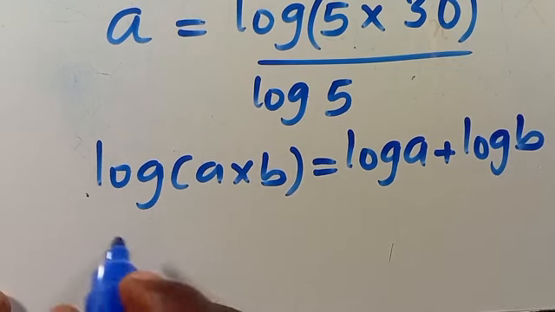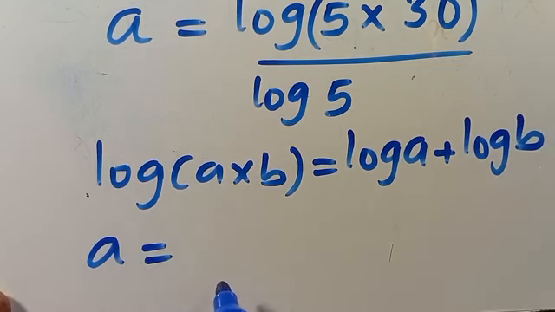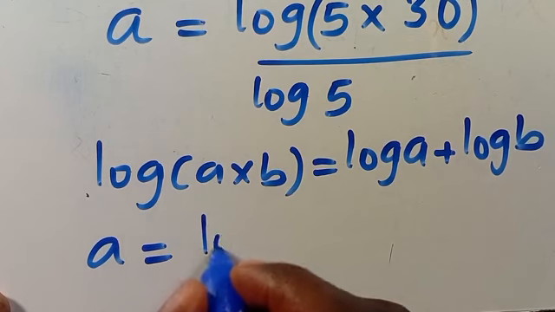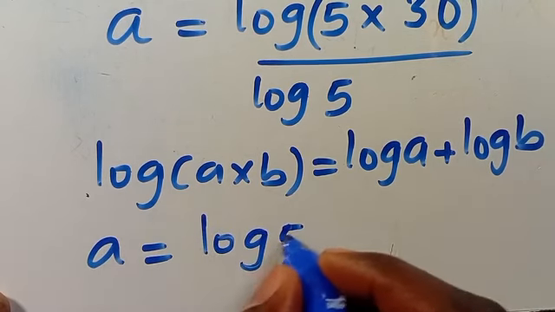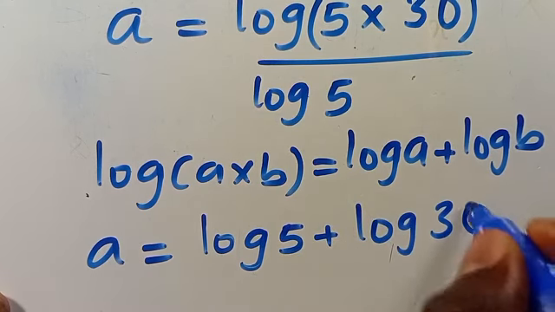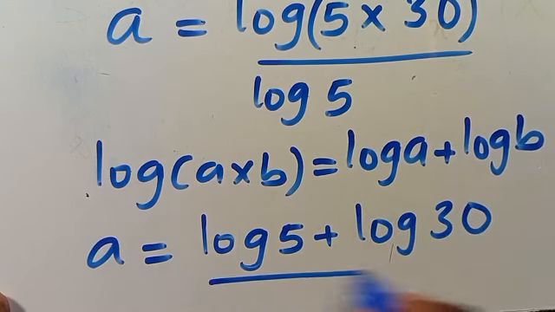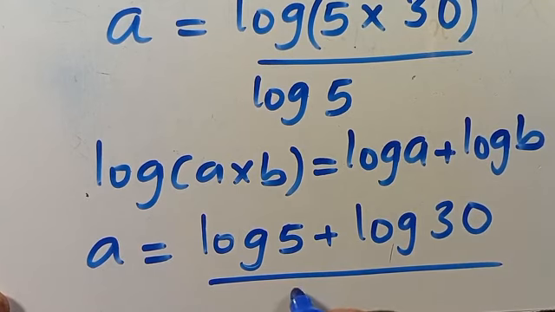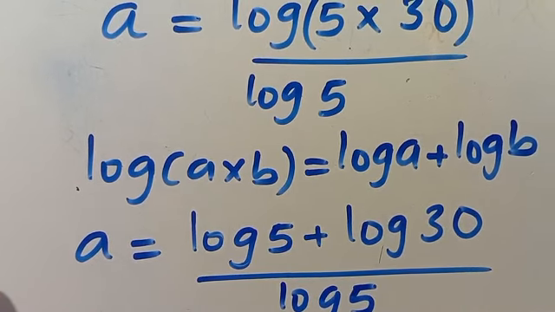So from here, our a will now be equal to log 5 plus log 30 divided by log 5.